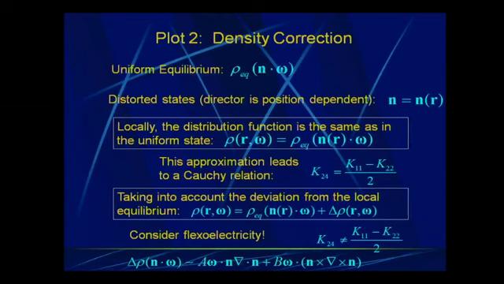This is what I'm going to show. And as soon as you relax this assumption, we immediately see that there must be a correction in density function that accounts for the change of local distribution from the local equilibrium. And that, in fact, gives rise to a distribution function at the bottom. Perhaps you are immediately aware that this is exactly what flexoelectricity is about.